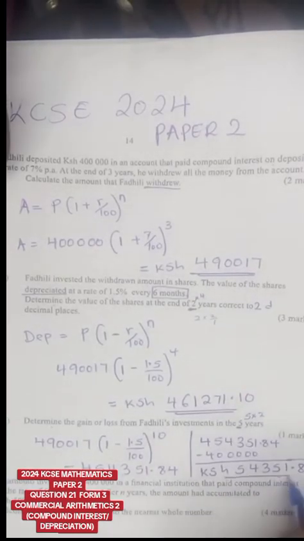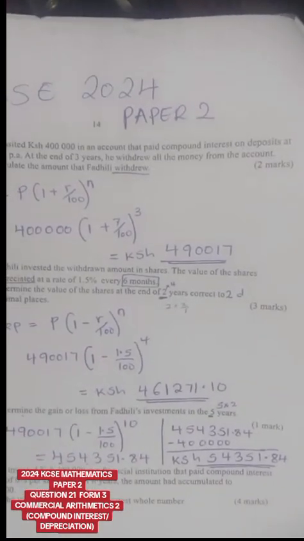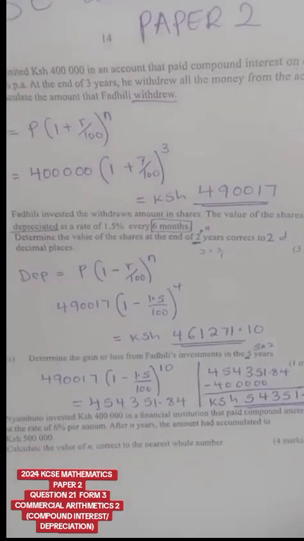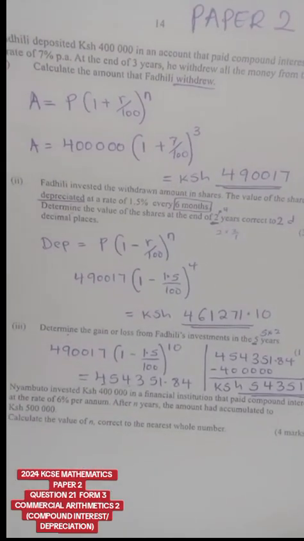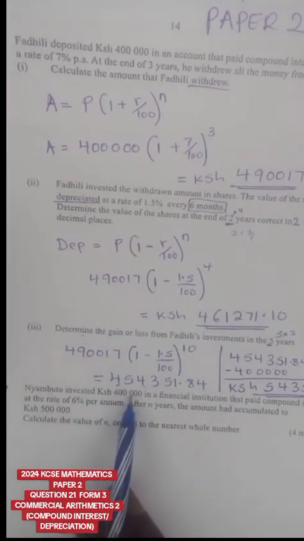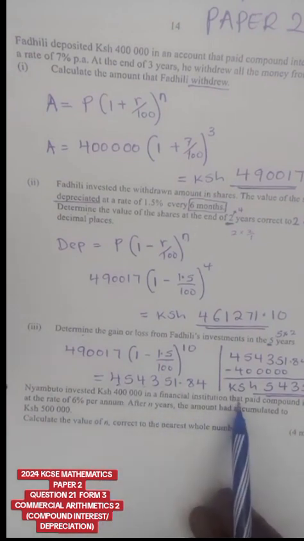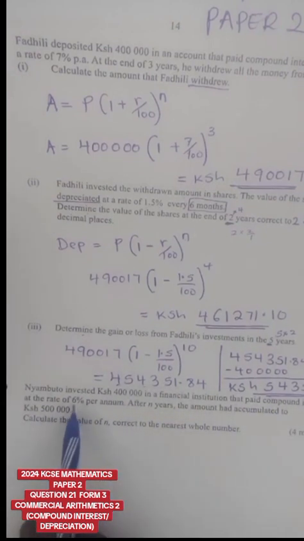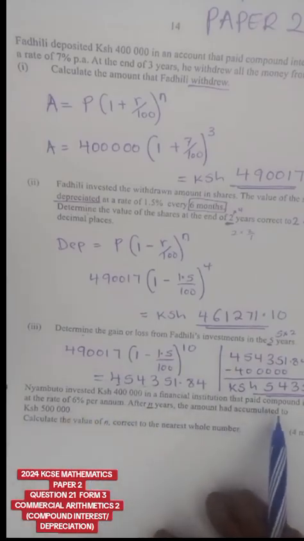Then we can proceed to the last question under 2024 paper 2, question 21. We say that Nyabuto invested Kenyan shillings 400,000 in a financial institution that paid a compound interest rate of 6% per annum. After n years, the amount he accumulated was 500,000. So we are going to apply the same principle we have used on top here.